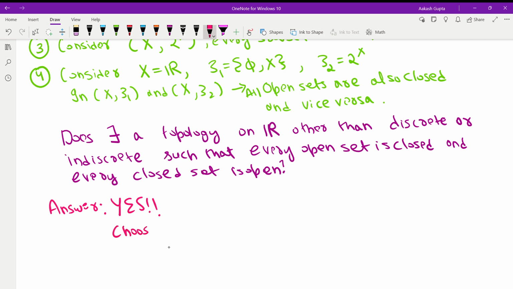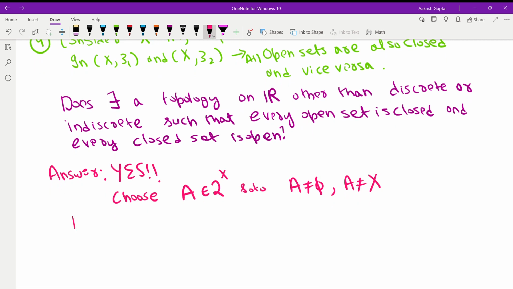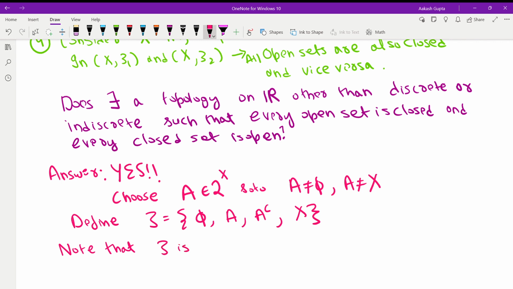Choose A belonging to 2 to the power X such that A is non-empty as well as A is not equal to X. Define tau to be phi, A, A complement, along with X. What I want you to observe, guys, is, note that tau is a topology on R which serves our purpose.